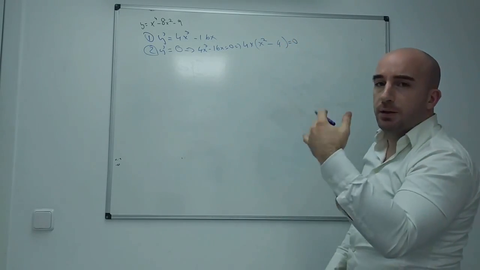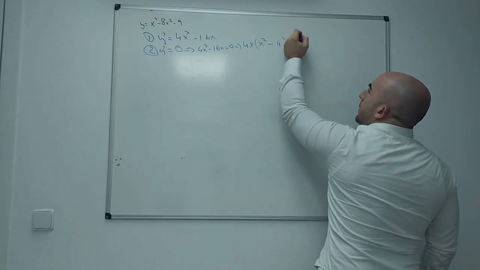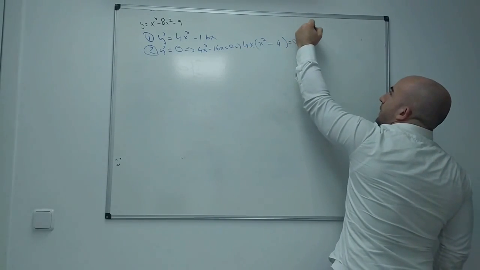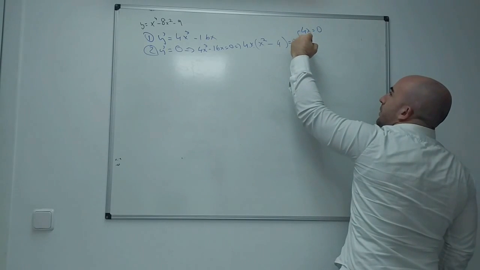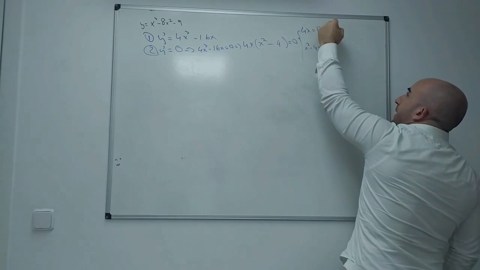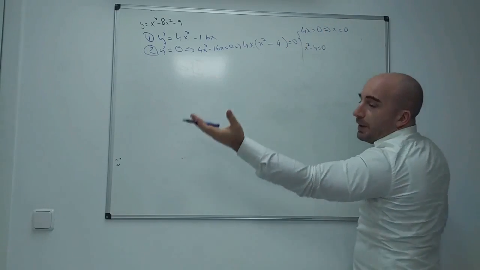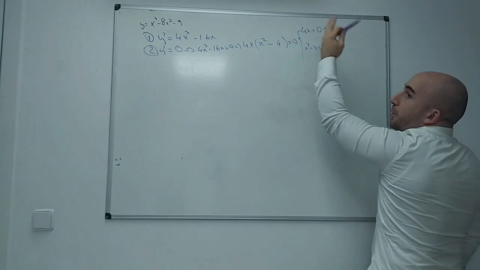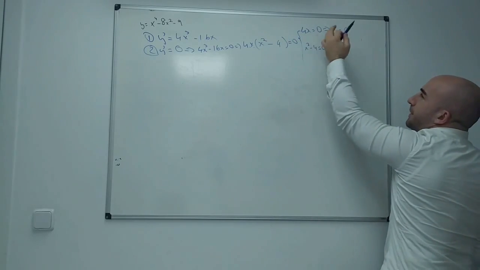To solve the equation, we have to put one of the factors equal to 0, the other factor equal to 0. This gives us x equals 0.